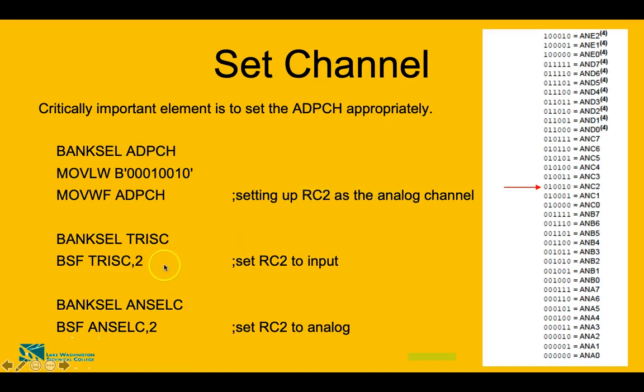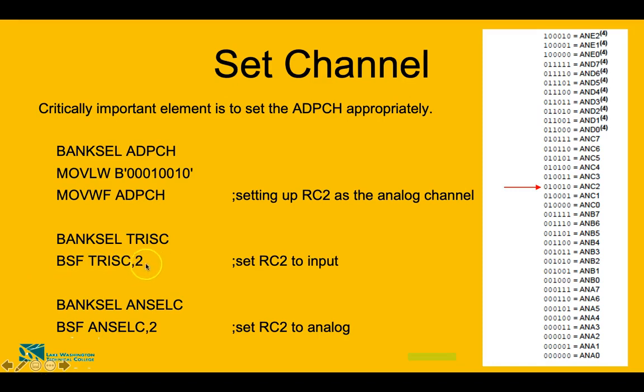So now the next step is to BANKSEL TRISC. We are using TRISC. So far we have used TRISA, and now we are using this another one, TRISC. And what we are going to do is set RC2 as our input. Okay, so how to provide it as an input? By using BSF TRISC, 2.